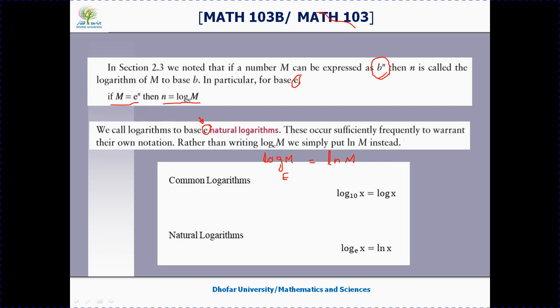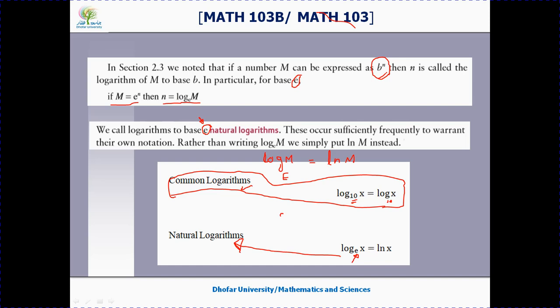So I'll just go back with you to section 2.3. As you see, this is the common logarithm: when we have logarithm at the base 10 of x, it is called log x, and we usually do not write the base because by default it is 10. Now when we have the base e, we call this natural logarithm, and we express it as ln x.